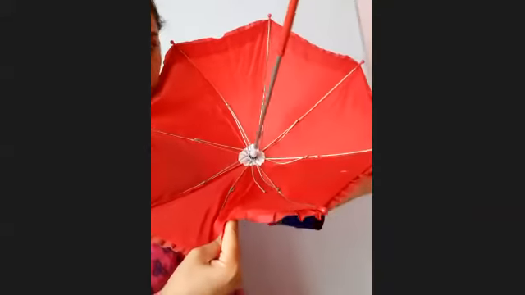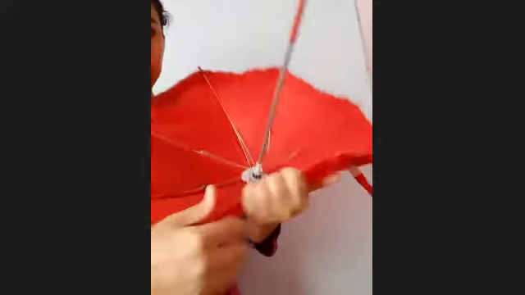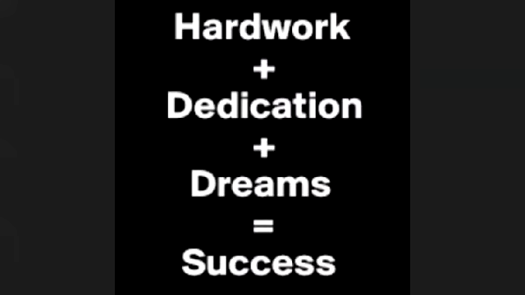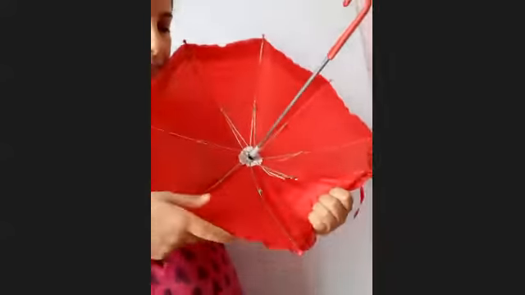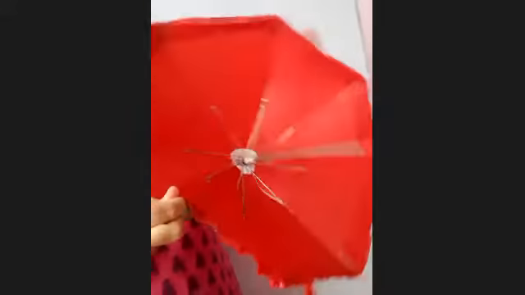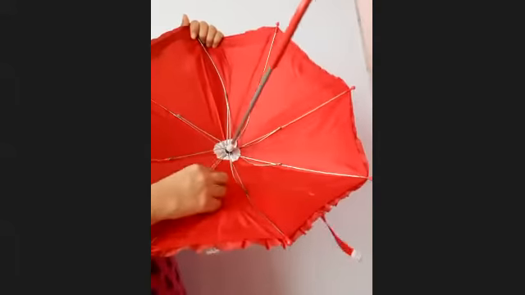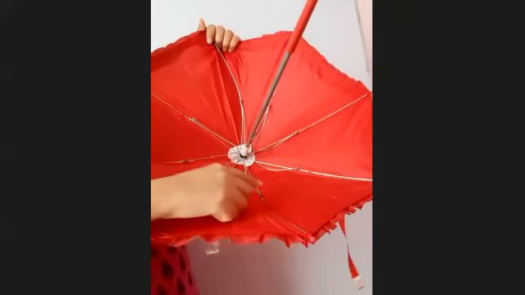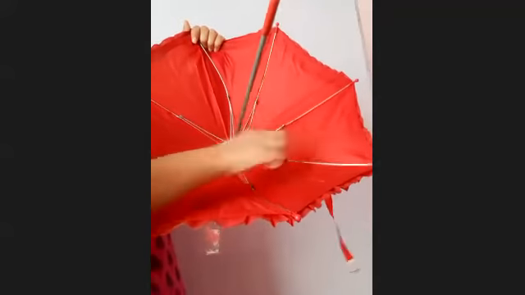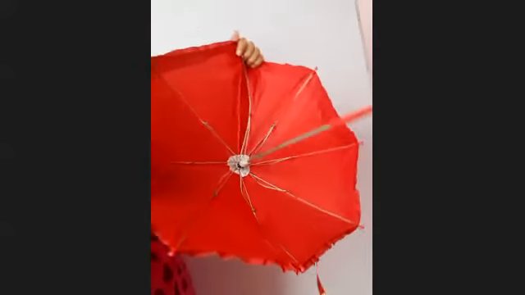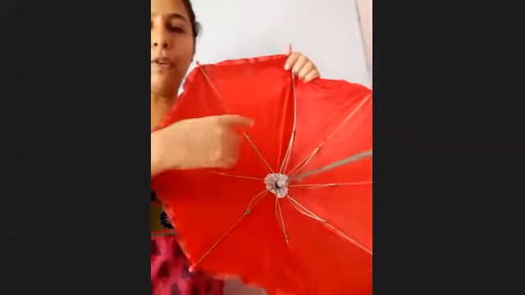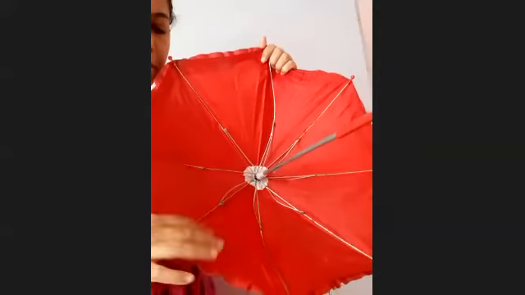Actually, I am finding it difficult to hold and count. See, beta. This I am counting 1, 2, 3, 4, 5, 6, 7, 8. Total 8 ribs are there.